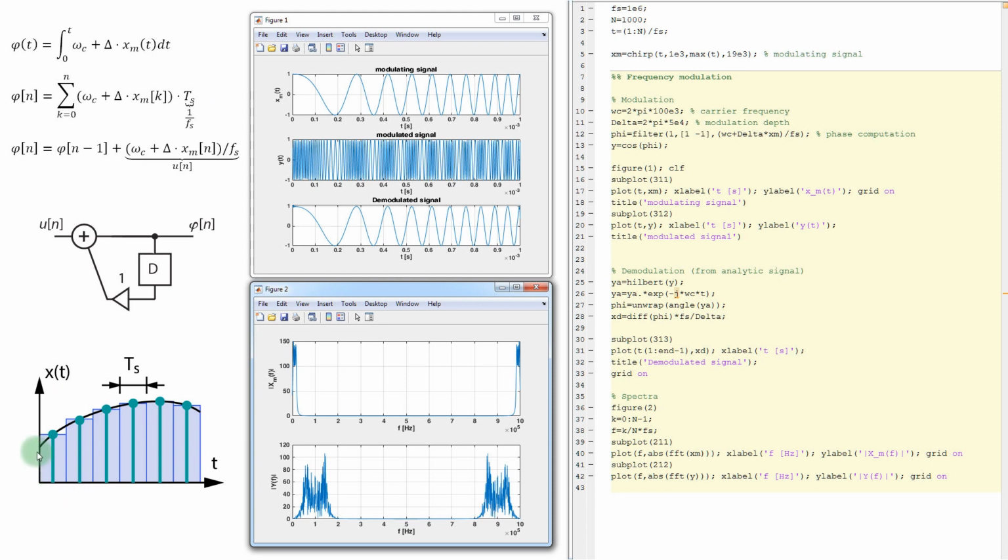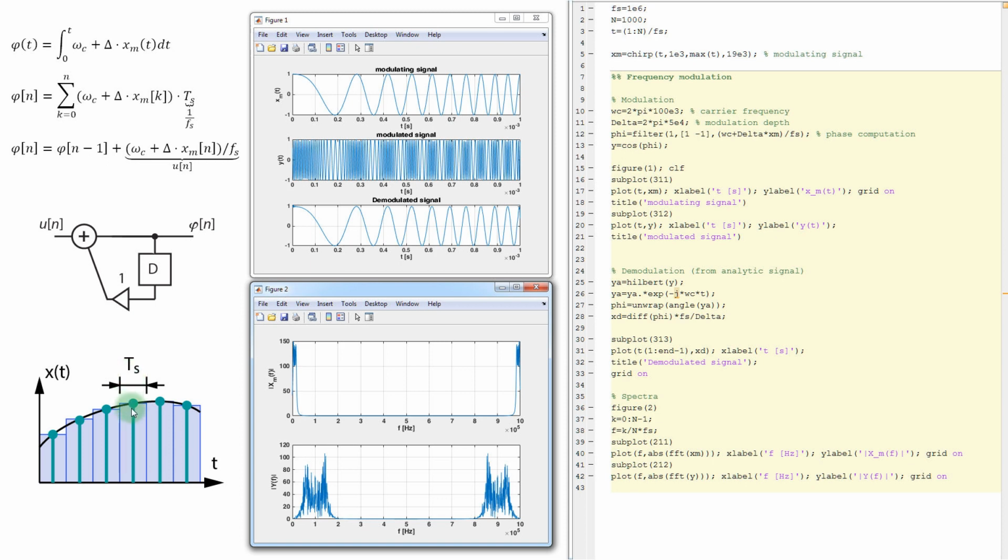So if we want to compute the integral of a continuous time function, that means that we want to find out what is the area under that function. Now, if our function is sampled at discrete times, we cannot get this area exactly, but we can approximate it. The easiest way to do the approximation is to create these rectangles that have the height equal to the sample of the signal and the width equal to the sampling period.